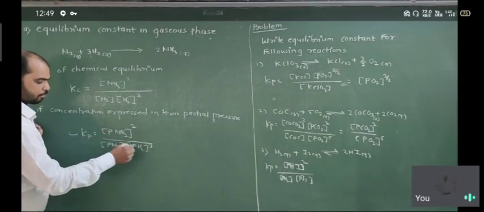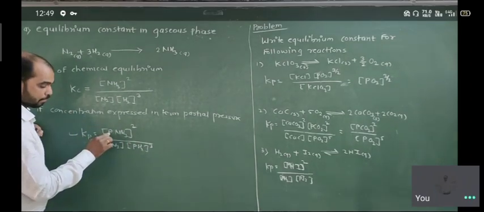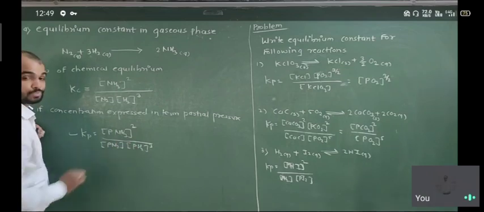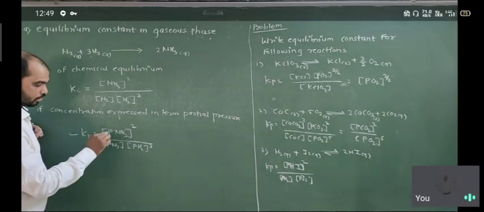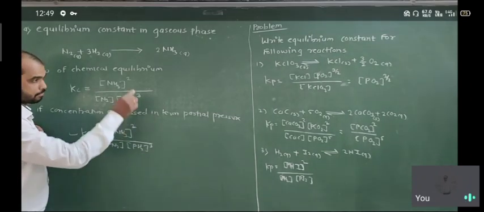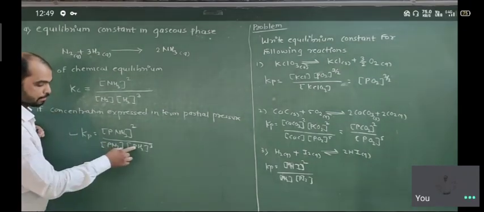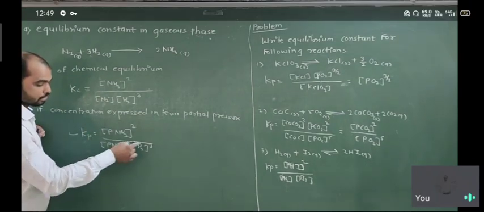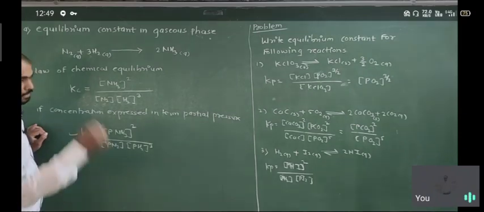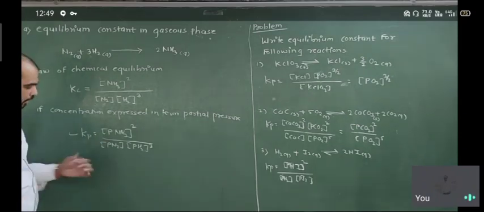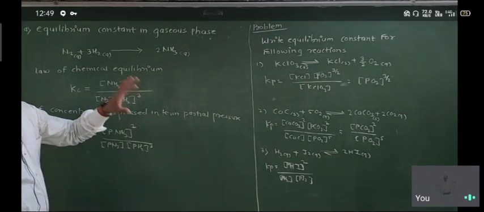Here we use P before the name of the species, that is PNH3, PN2 and PH2, which are the partial pressures of the reactants and products. PNH3 has the same power, two molecules in the equation; PN2 has power one; PH2 has power 3. So this is the equilibrium constant in a gaseous phase. Using this we can write the equilibrium constants for different reactions.